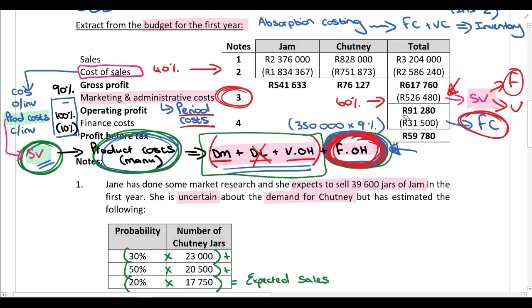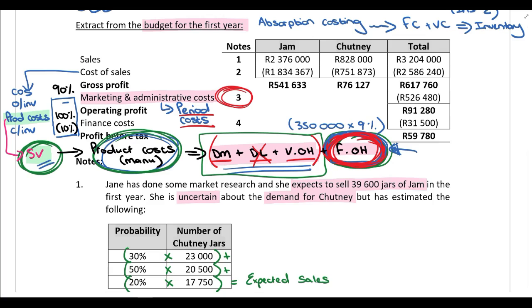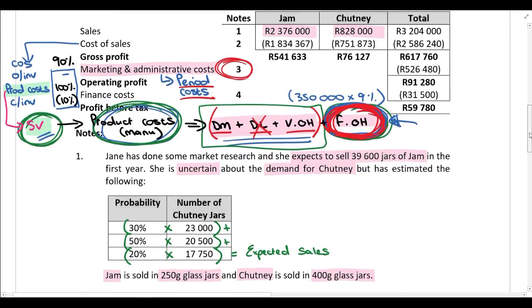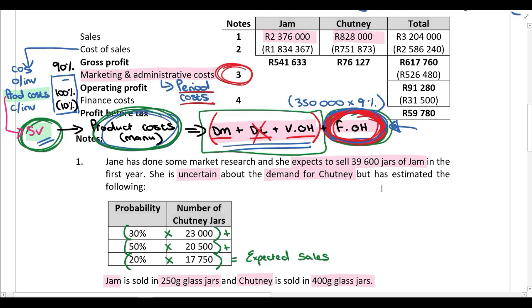Okay, if we just clean this up a bit. We've got the total sales value over here for each of the products in rands. And in note 1, we know that Jane expects to sell 39,600 jars of jam. So we can easily calculate the selling price per unit for jam by taking the total budgeted sales and dividing by 39,600 jars of jam.